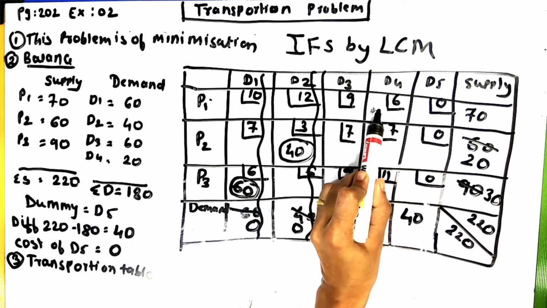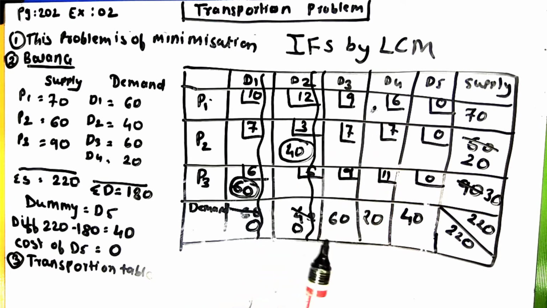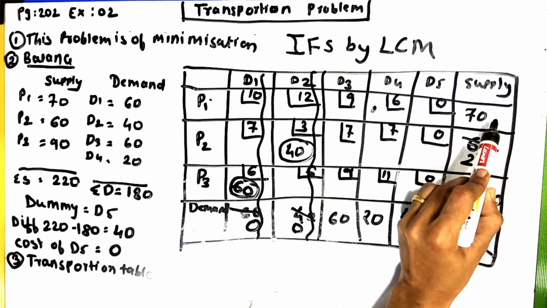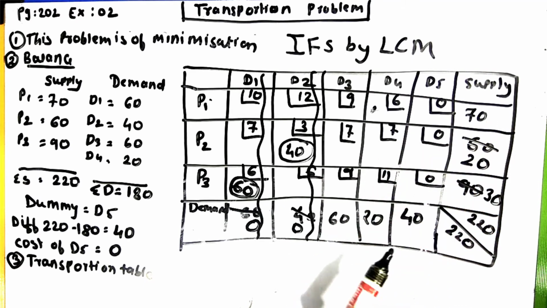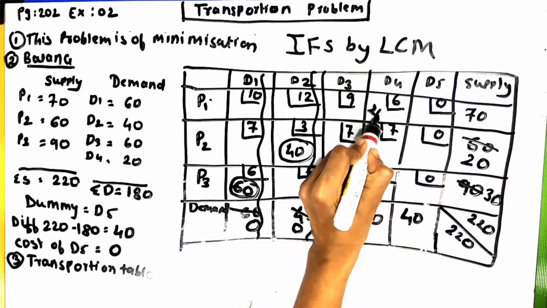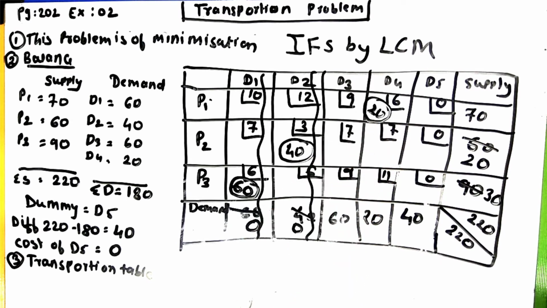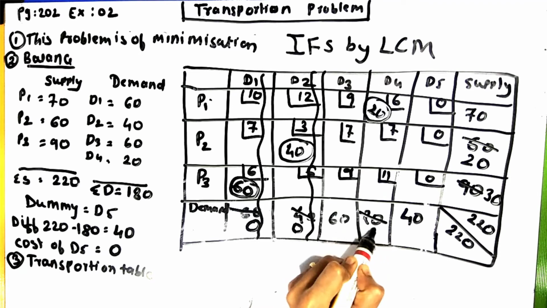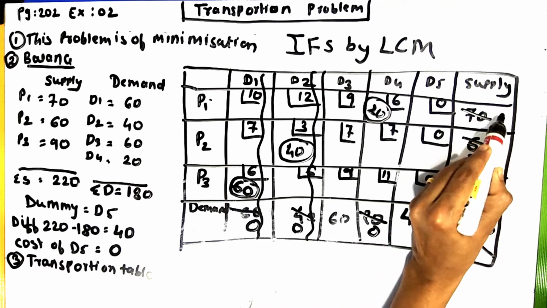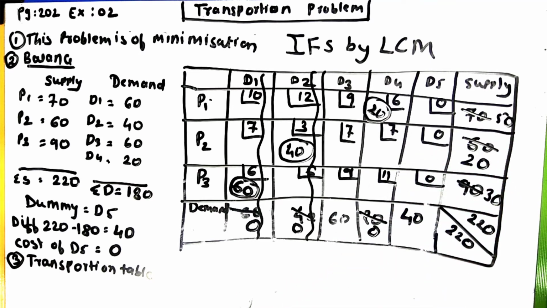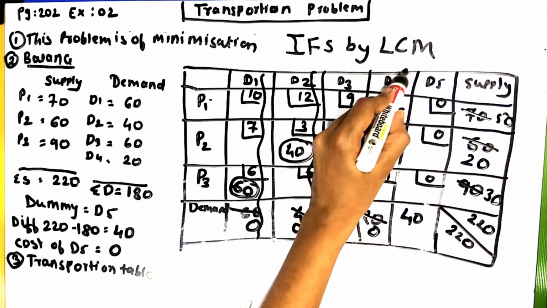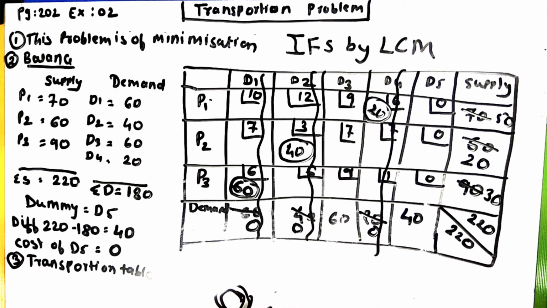Let me give my allocation here. The demand side is 20, the supply side is 70. The lesser is 20, so our allocation is 20. 20 minus 20 is 0, and 70 minus 20 comes to 50. Now D4 has become 0, so D4 will get cancelled.